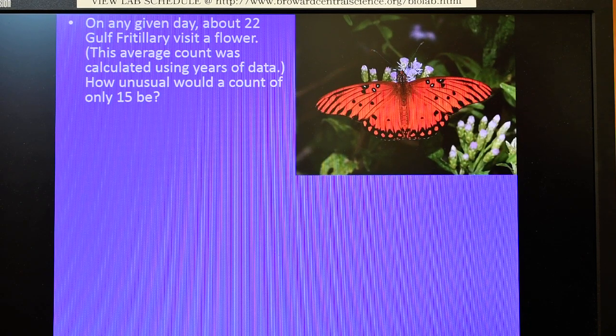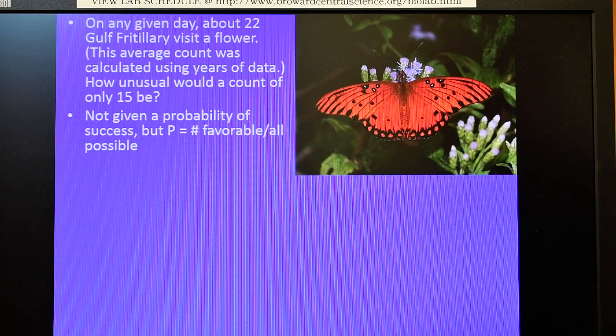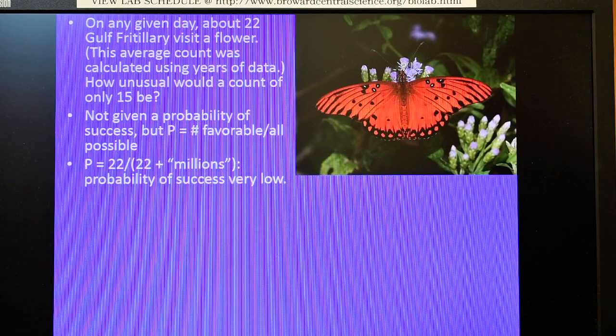But what would happen here? If we have these Gulf fritillaries coming to a flower, what we need is the number of butterflies that come to the flower divided by all the butterflies in the population. That's why this is so low.